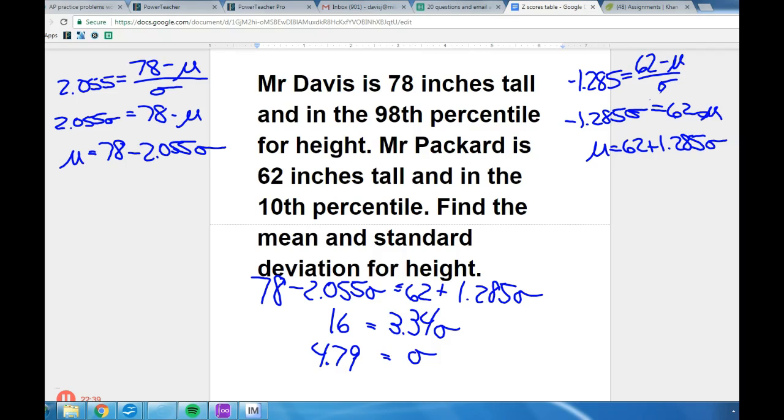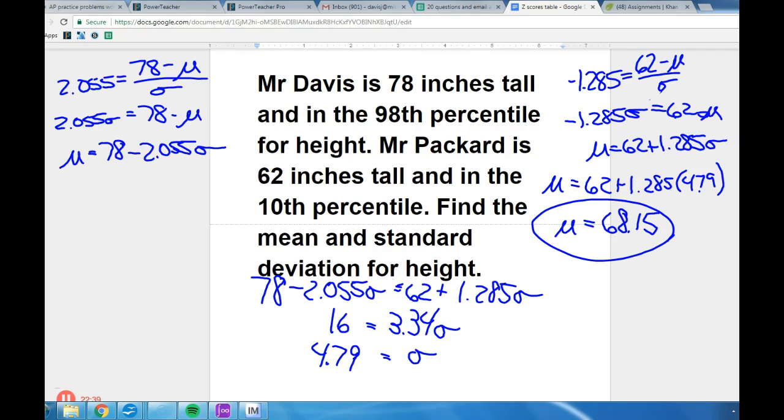How do I find my mean? Plug it back into one of the two equations. Heath, what'd you get? 68.15.